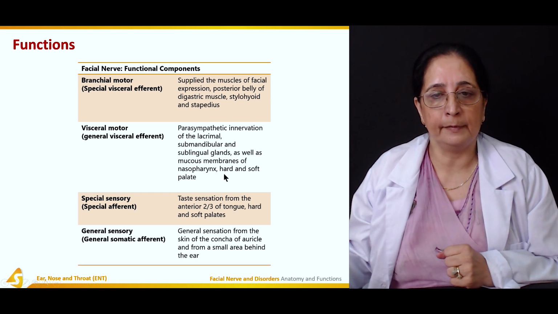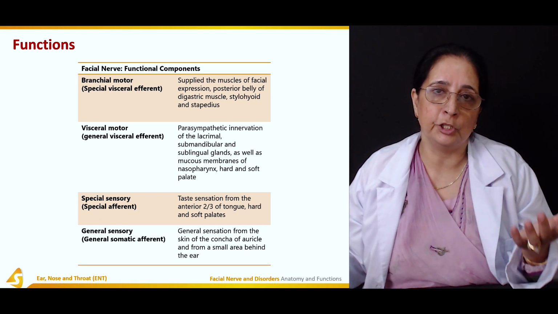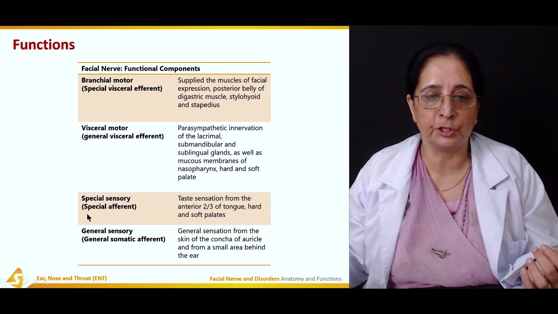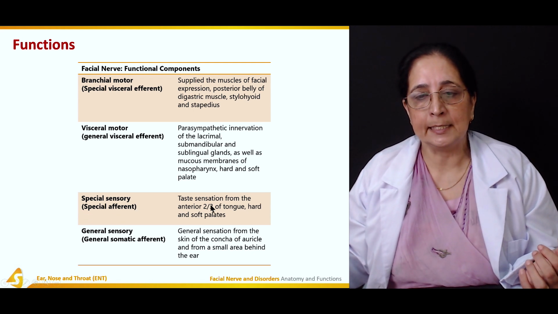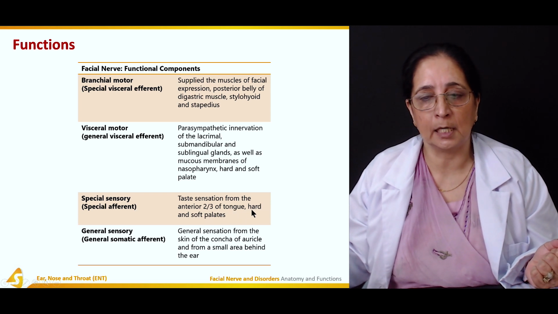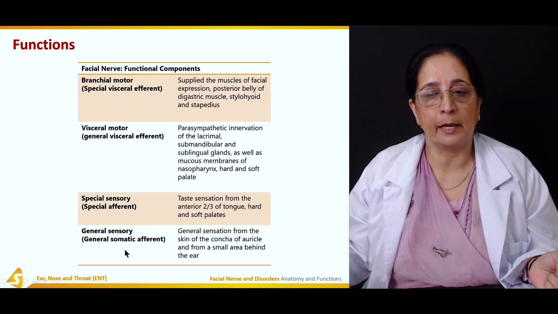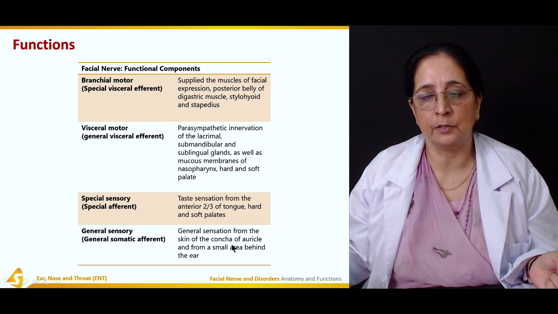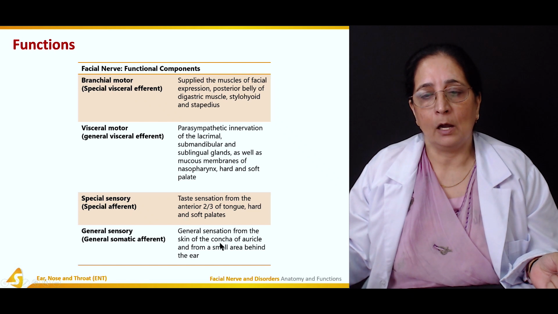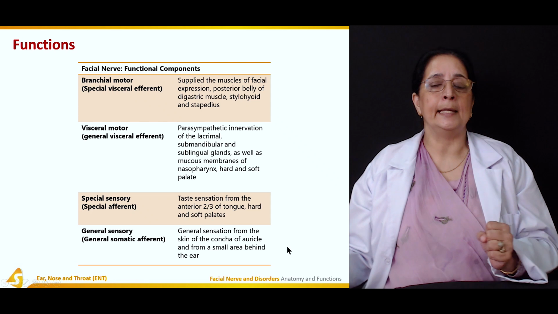Next, we have the afferent. Afferent carries information to the brain. So we have special afferent. Taste sensation is carried from the anterior two-thirds of the tongue, and the hard and soft palates. General somatic afferent is general sensation from the skin of the concha of the auricle and from a small area behind the ear.